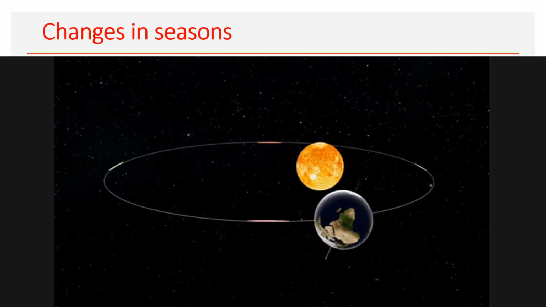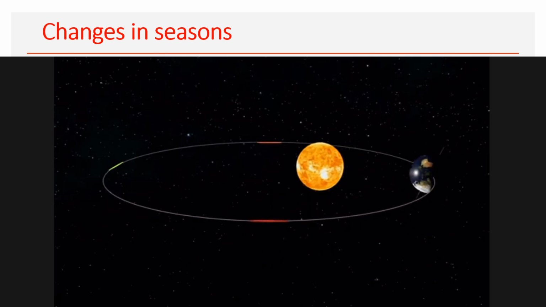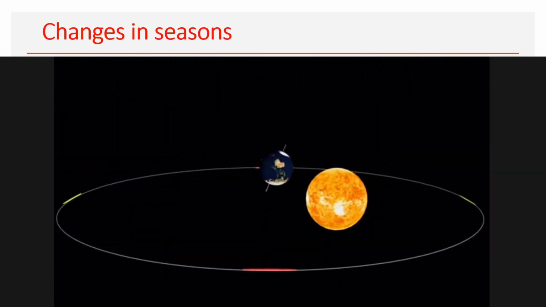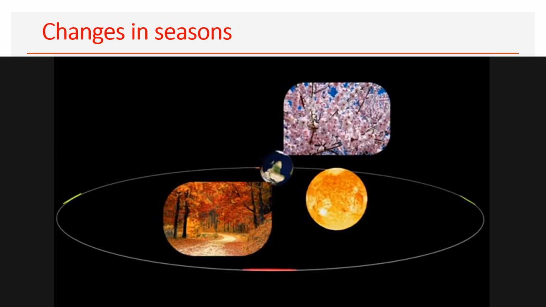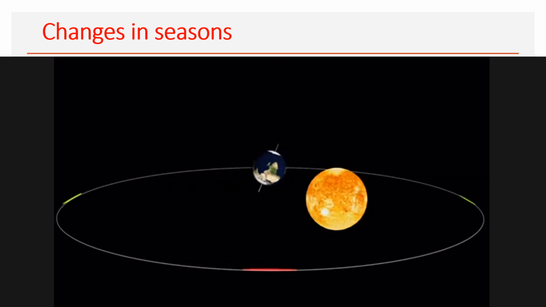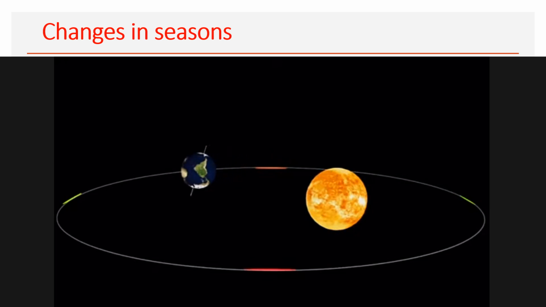As the Earth orbits the Sun, different parts of the Earth receive different amounts of sunlight depending on the season. As the Earth orbits the Sun, the northern and southern hemispheres experience opposite seasons due to the tilt of the Earth's axis. During the spring, the northern hemisphere begins to tilt towards the Sun, bringing longer days and warmer temperatures.